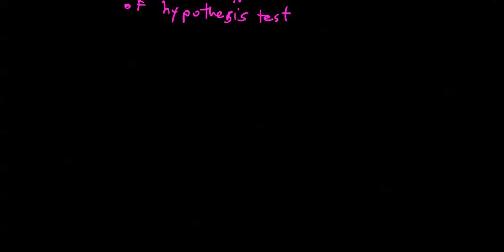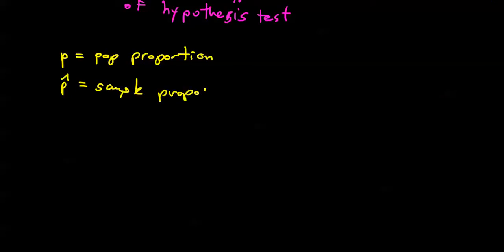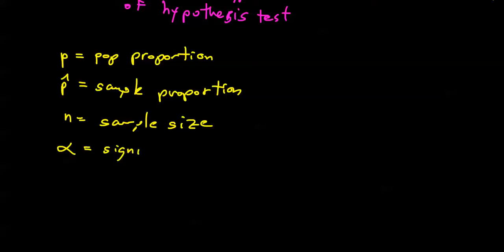P, as we know, in section 8.3 will represent our population proportion with some characteristic of interest. P hat, as we know, will be our sample proportion with that same desired characteristic of interest. N is going to be our sample size, and alpha is going to be our significance level.